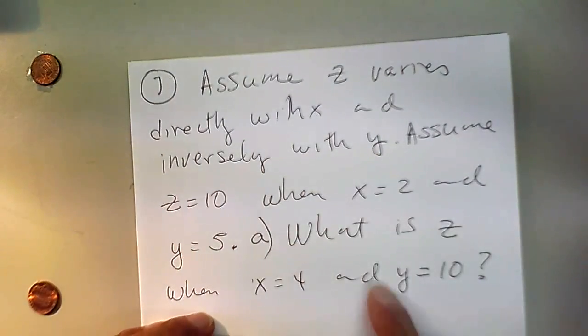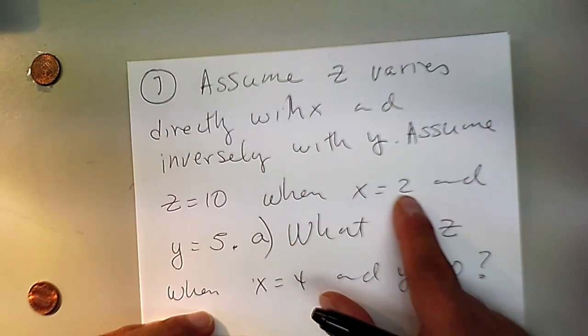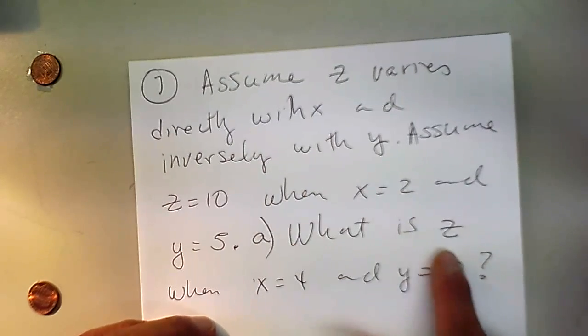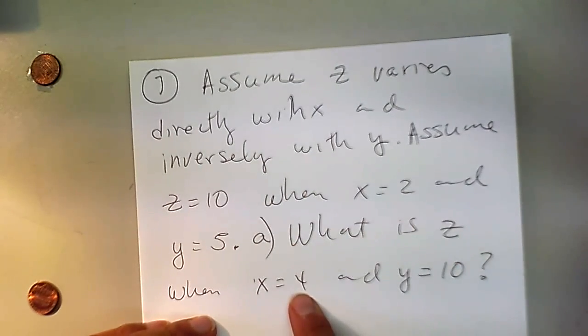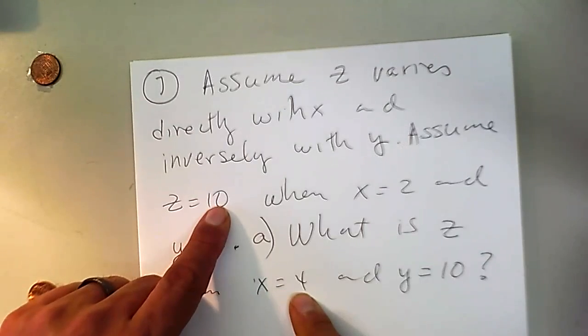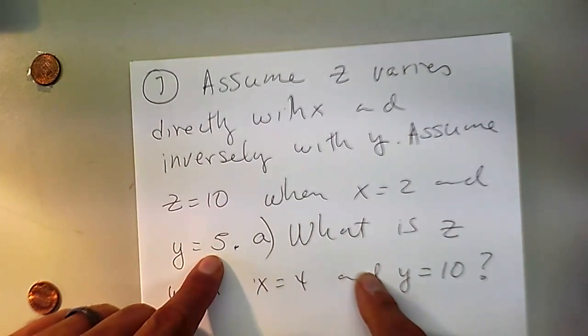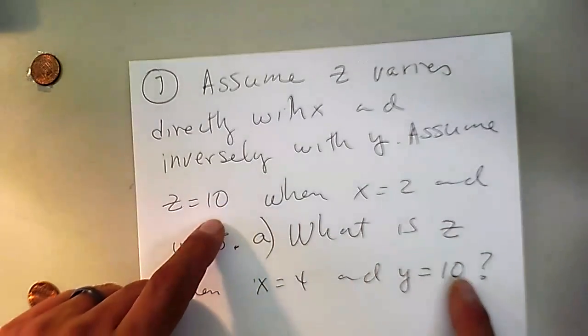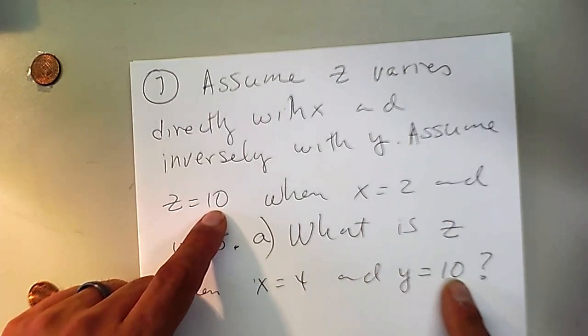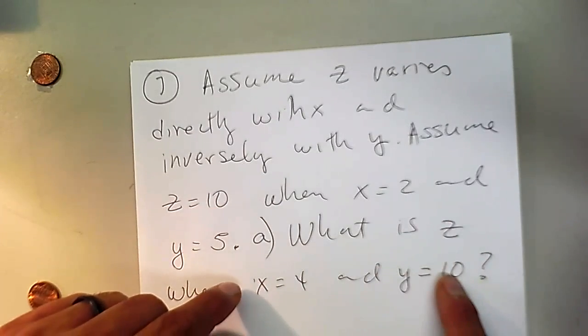Okay, so if we double the x from 2 to 4, the output would double to 20. But if we double the y, then the output has to be halved. And they undo each other.